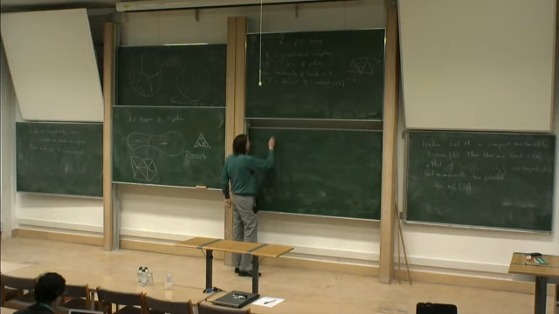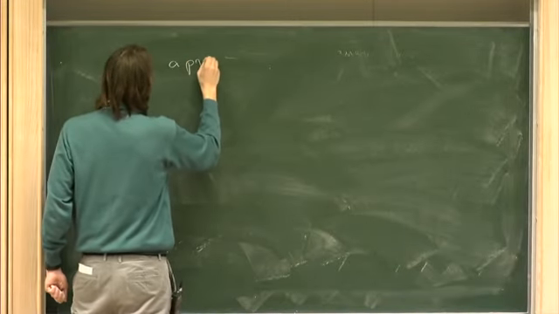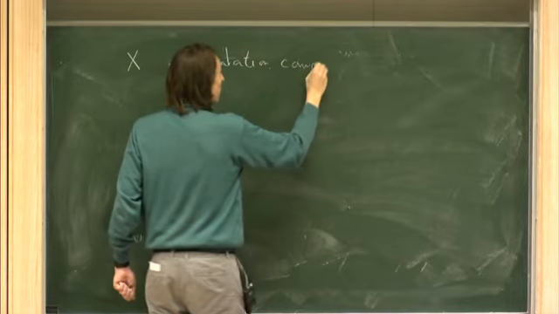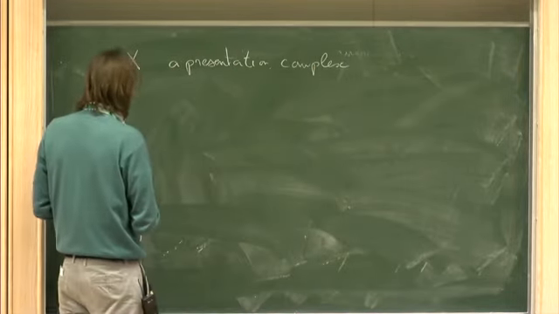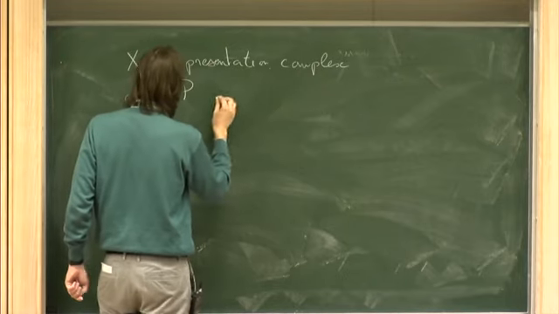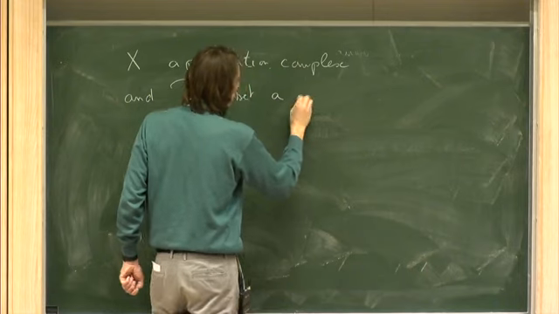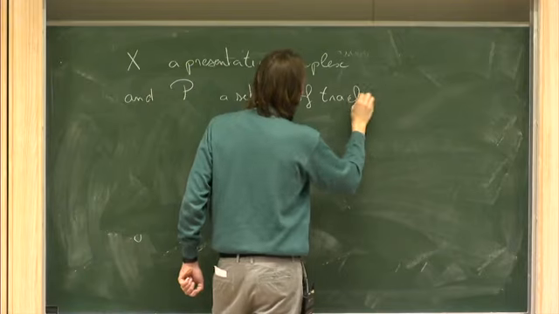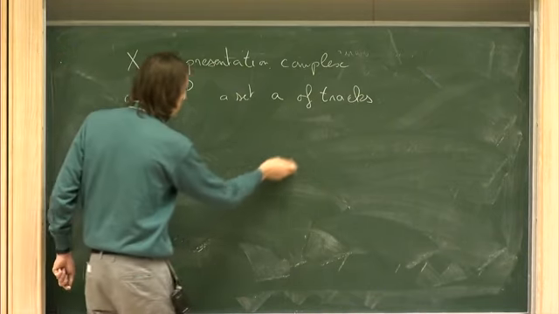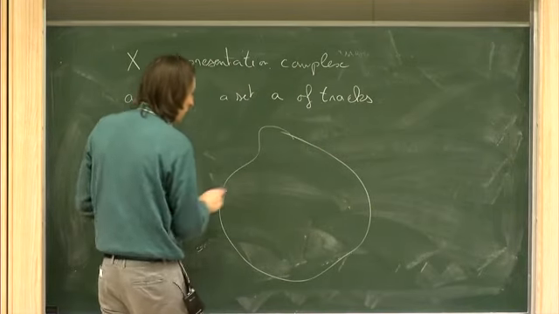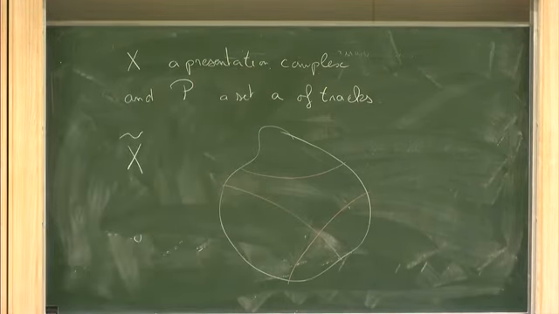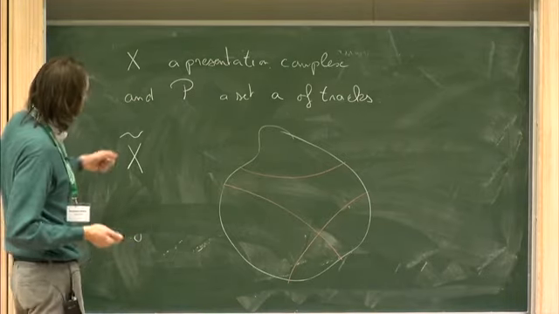So if you take X a representation complex, and you take a set of tracks P, you can look at the universal cover of X. This time it's going to be something more complicated, but the lifts of the track are always going to split the universal cover.